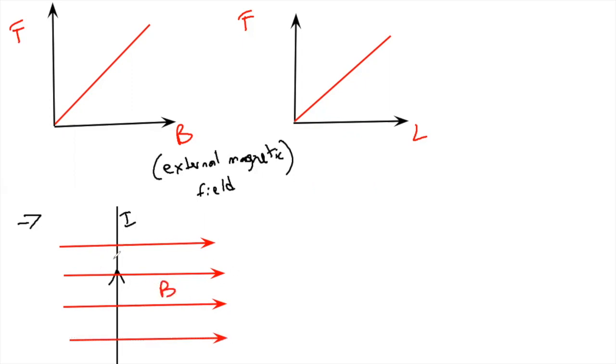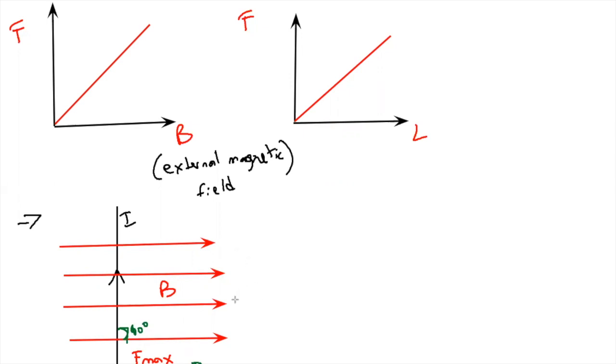I is current, and you have to know that for the maximum force, F max, the angle between the magnetic field lines and the current should be 90 degrees. So F max is when theta is 90 degrees.